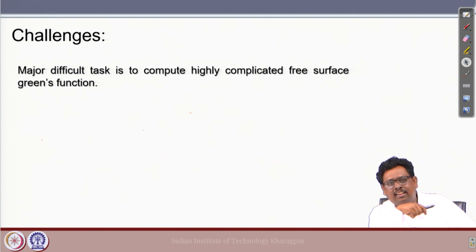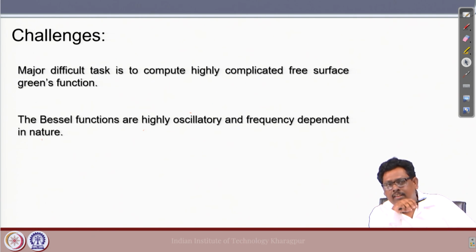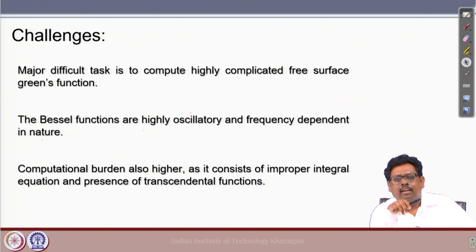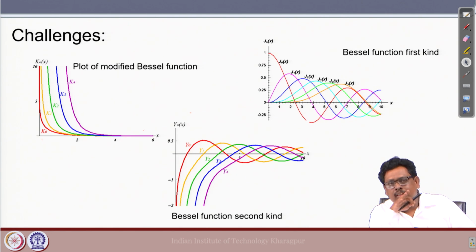So as I said, the major difficult task is to compute the highly complicated free surface Green's function, and then it is highly oscillatory and frequency dependent in nature. Also as I said, this is an improper integral, the whole integral is 0 to infinity, so we have to look for the convergence. Now, I say that not always it converges.